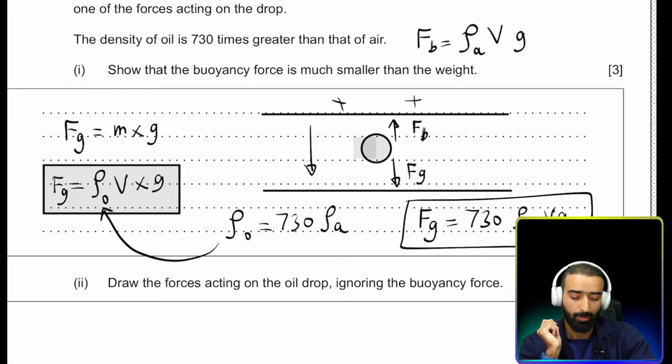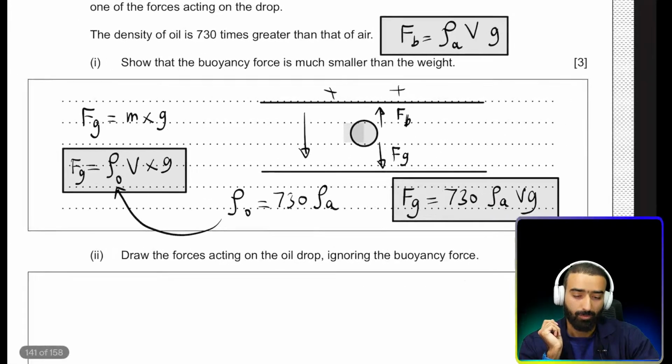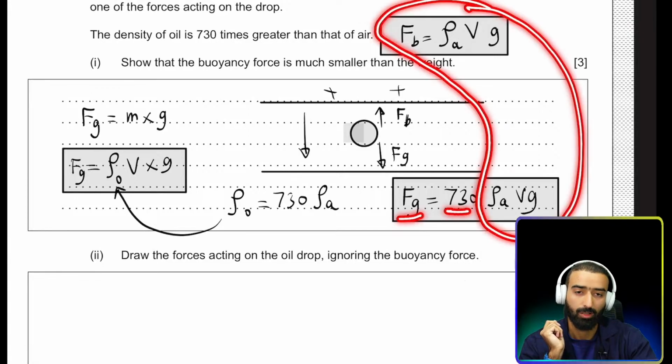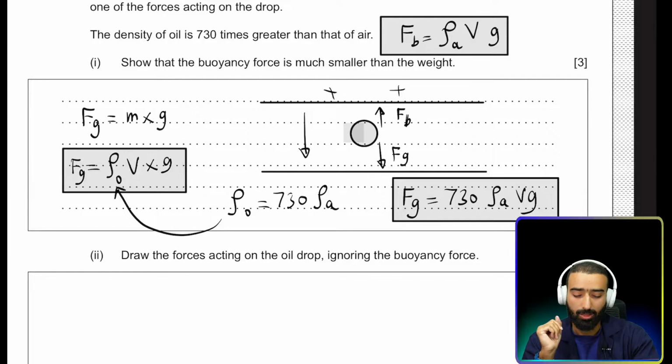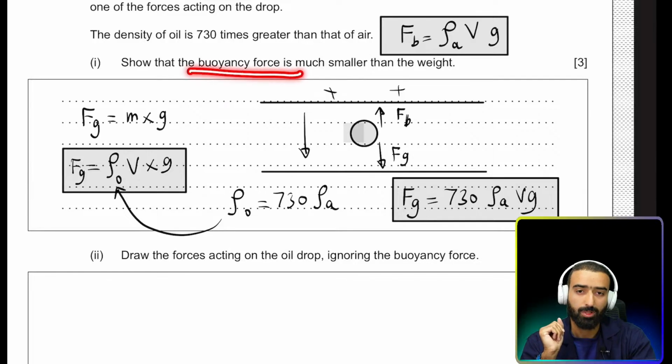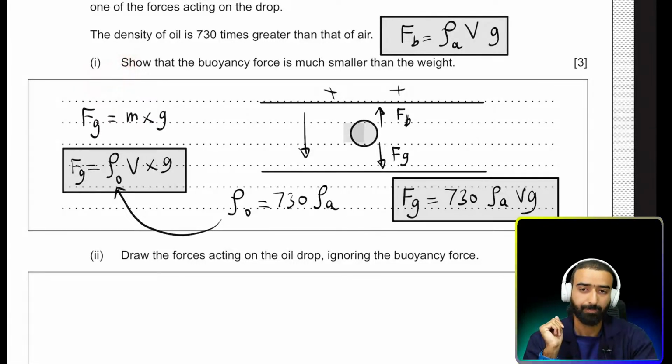Now we can compare this equation with the buoyancy equation. We note that the force of gravity is 730 times the force of buoyancy. That means the buoyancy force is much smaller than the weight, hence proving this assumption.